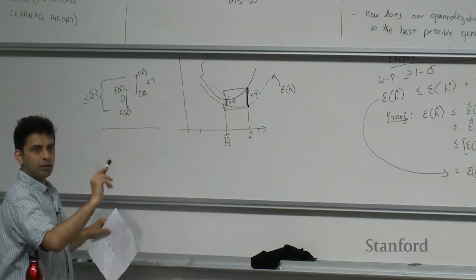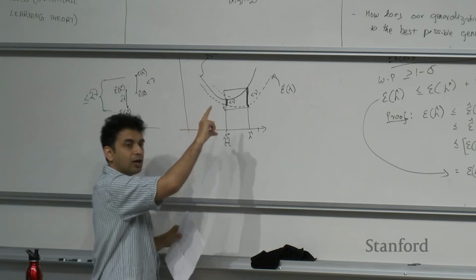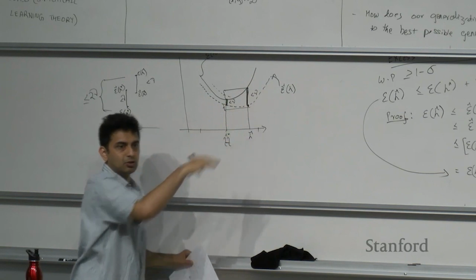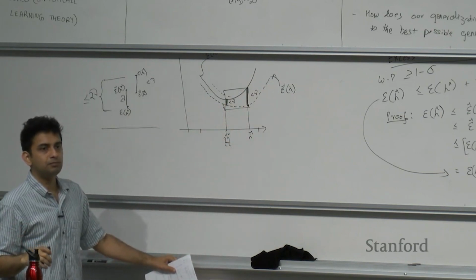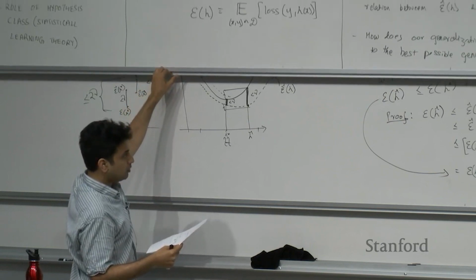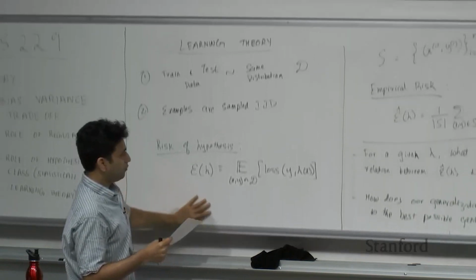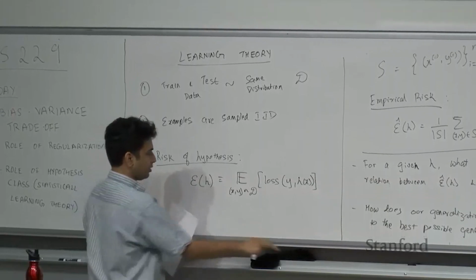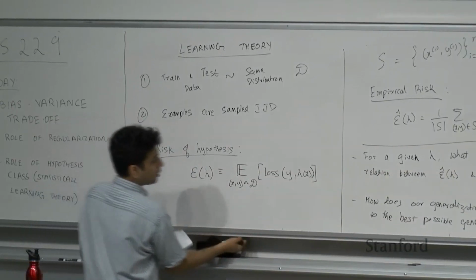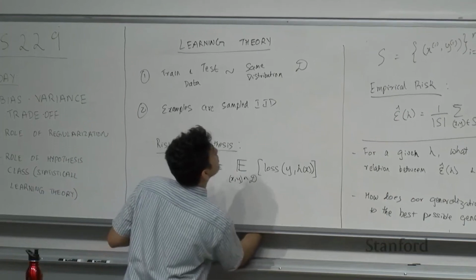They may be flipped. Uniform convergence tells us that they cannot be gamma apart. So the true risk may have gone below the empirical risk also. It's totally possible. All right. So moving on. Let's see a few results of uniform convergence.